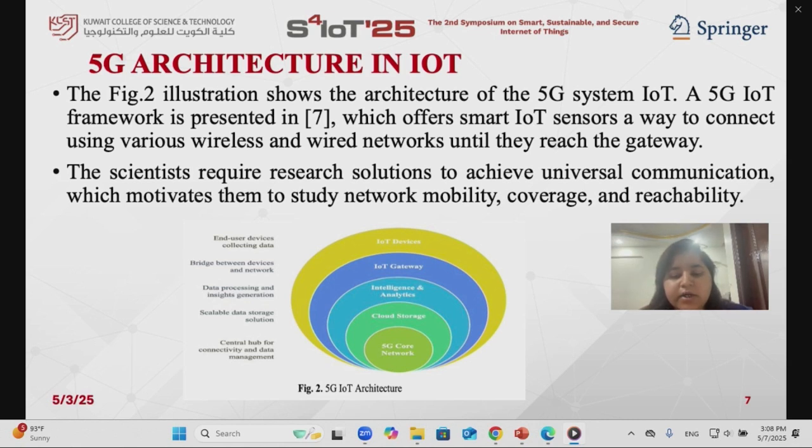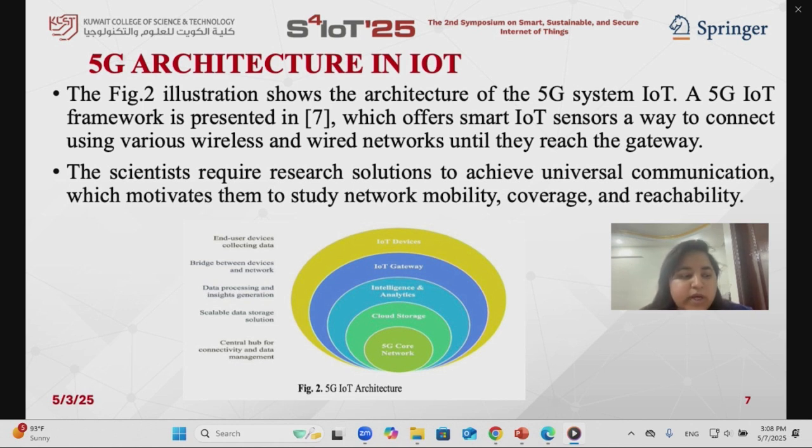Scientists require research solutions to achieve universal communication, which motivates them to study network mobility, coverage and reachability.